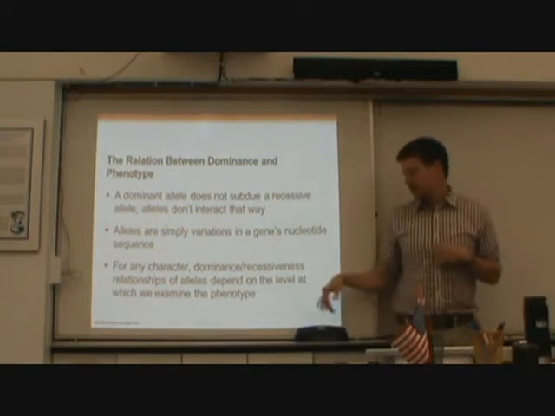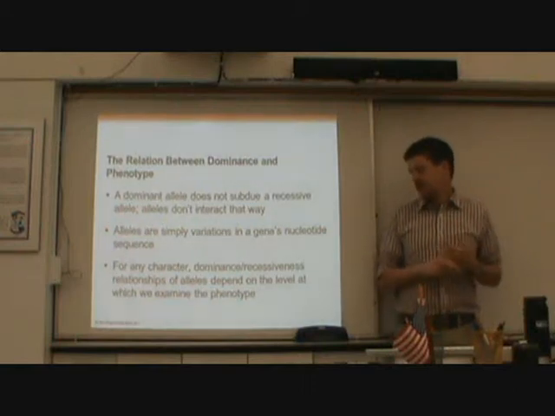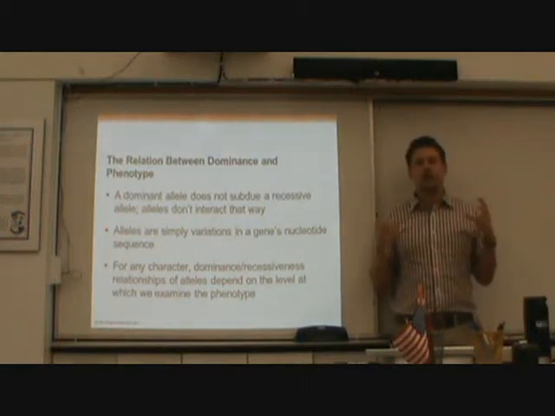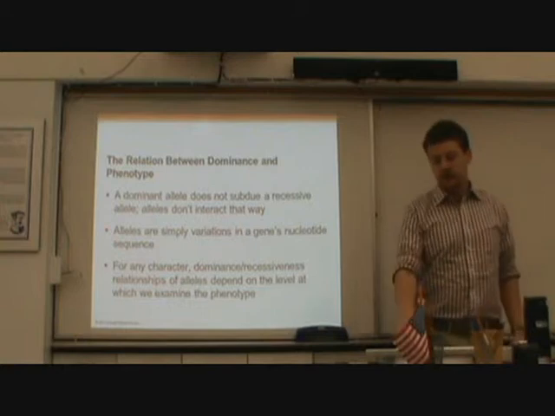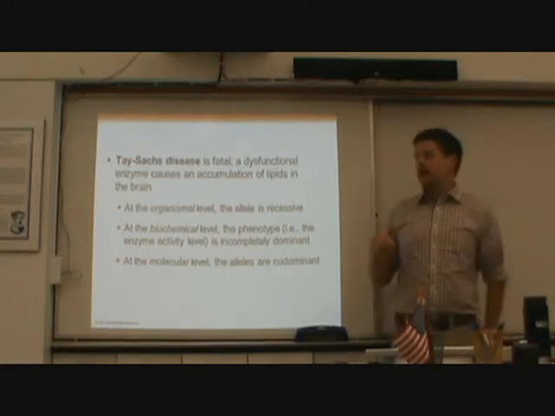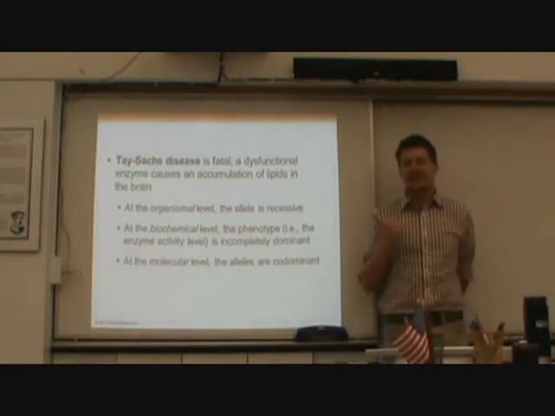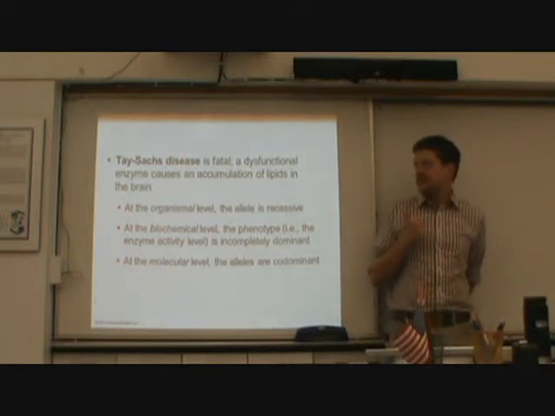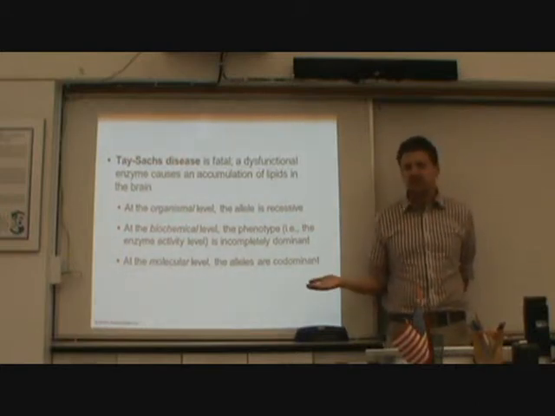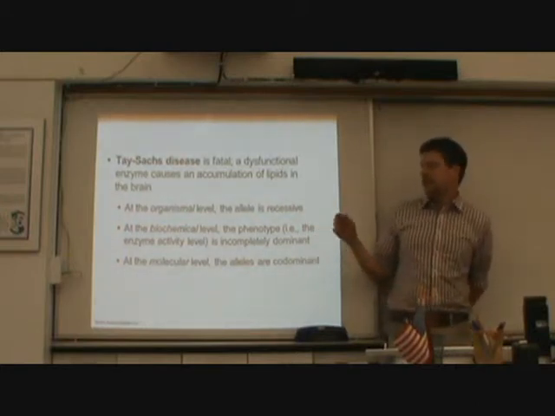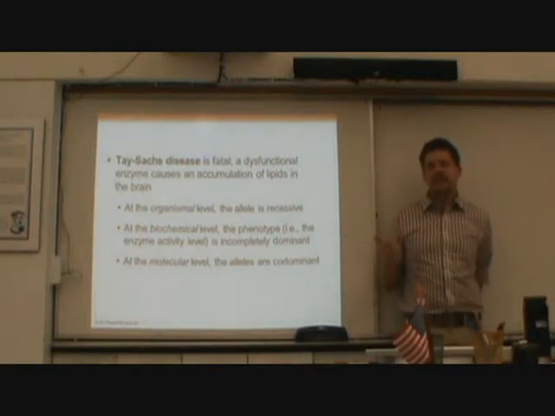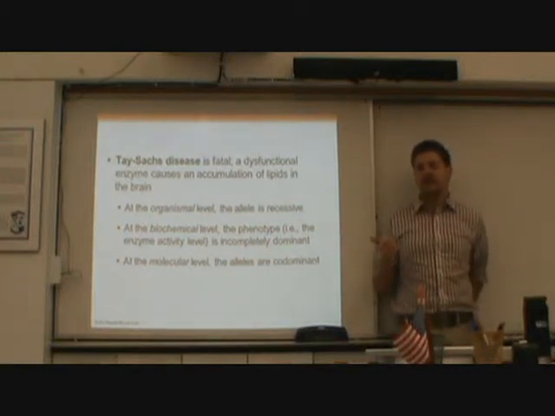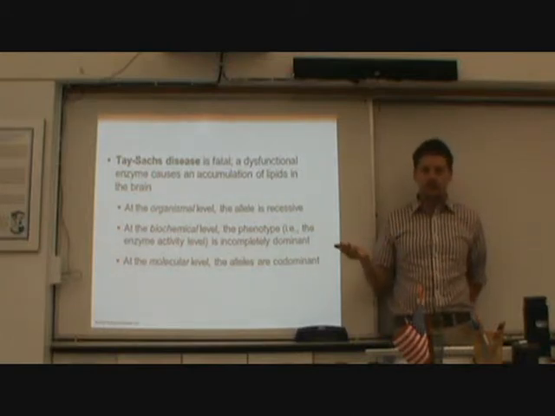So for any character, the whole dominance and recessiveness is going to depend on how close we're looking. For example, there's a disease called Tay-Sachs disease, which I'm not 100% sure I'm pronouncing correctly. If a child is born with Tay-Sachs disease, they will die after a few years.